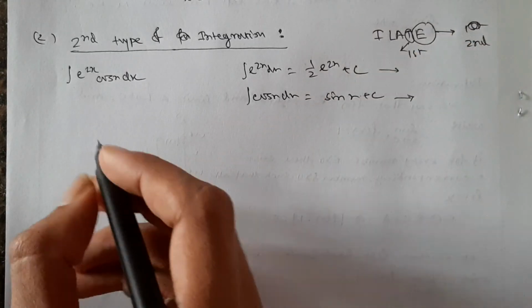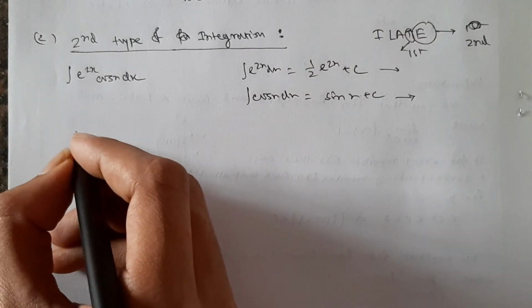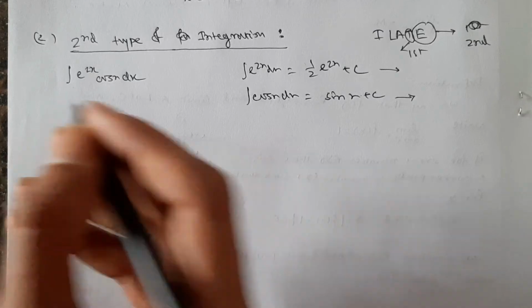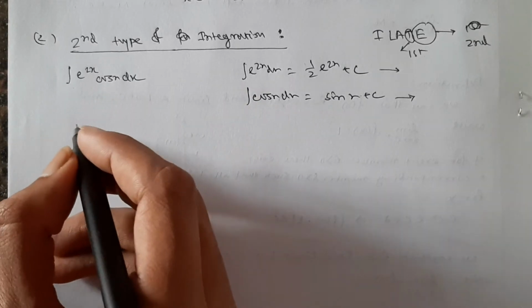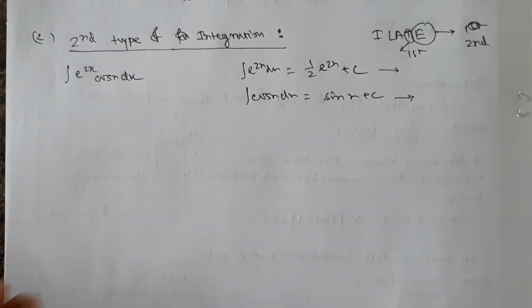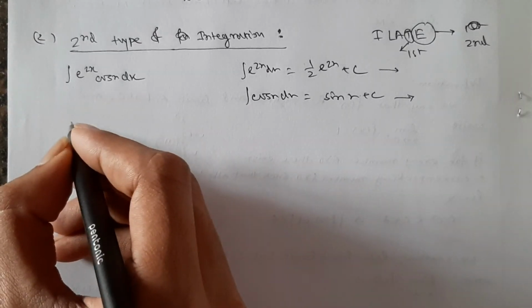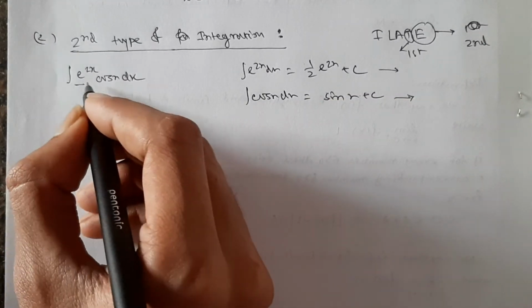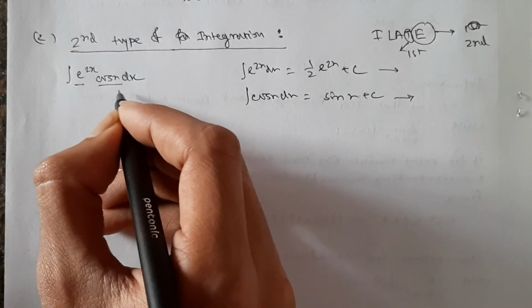But here we can see that there is an exception to the ILATE rule. So I choose e to the power 2x as the first function and cos x as the second function.